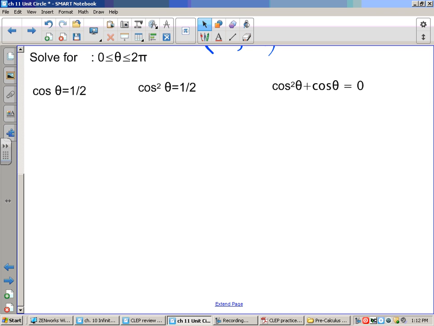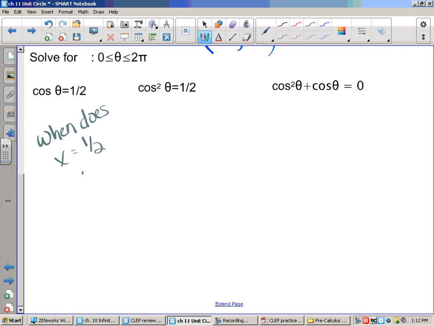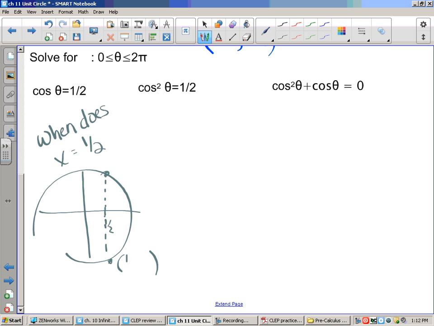And so from our unit circle, you should have that right in front of you here. You want to look for when does x equal 1/2? And so all that you're doing really is you're looking for, oh, 1/2, and you're going to look up and you're going to look down, and you see on that circle there are 2 different spots that have coordinates that start with 1/2, something, right?